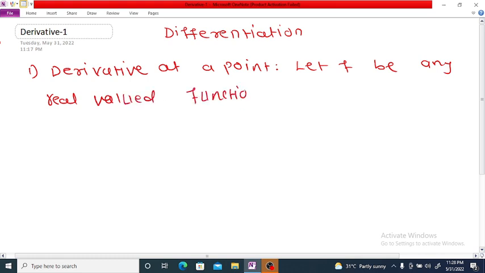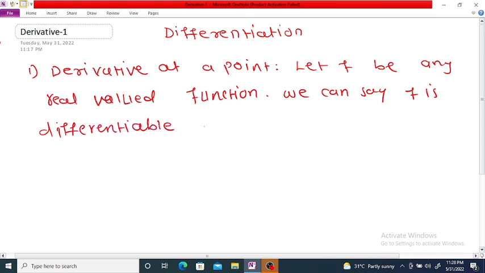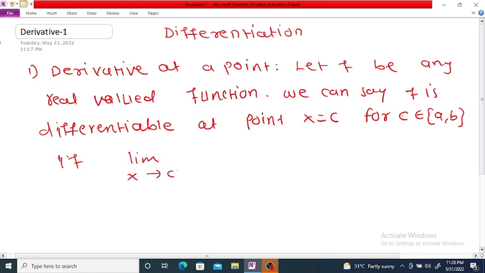We can say that f is differentiable at point x is equal to c, for c lying in the interval (a, b), if the limit as x tends to c of (f of x minus f of c) divided by (x minus c) exists.